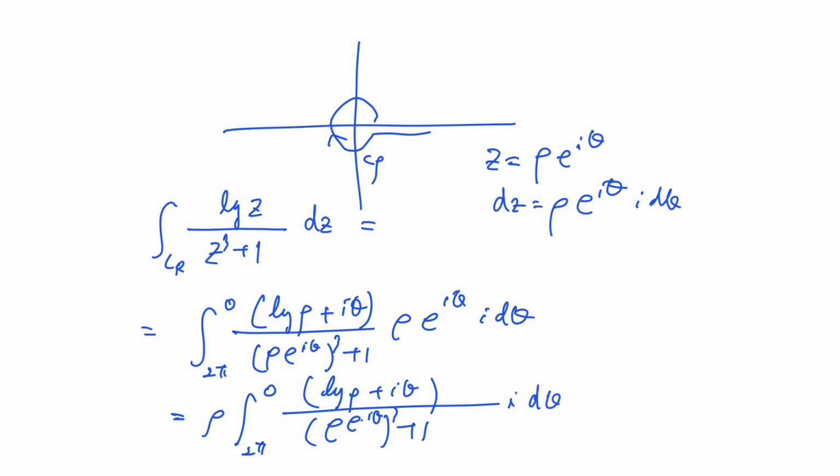Because the common factor is rho, it goes to 0 as rho goes to 0, right? Therefore, we have both integrals going to 0. We have shown that.